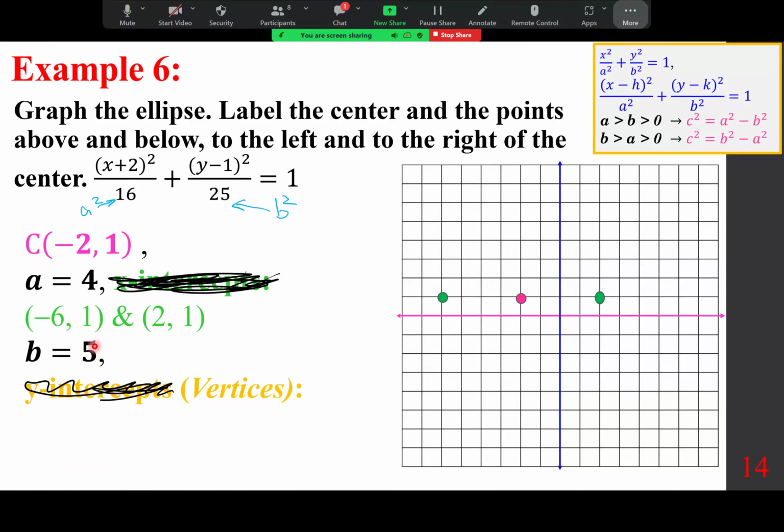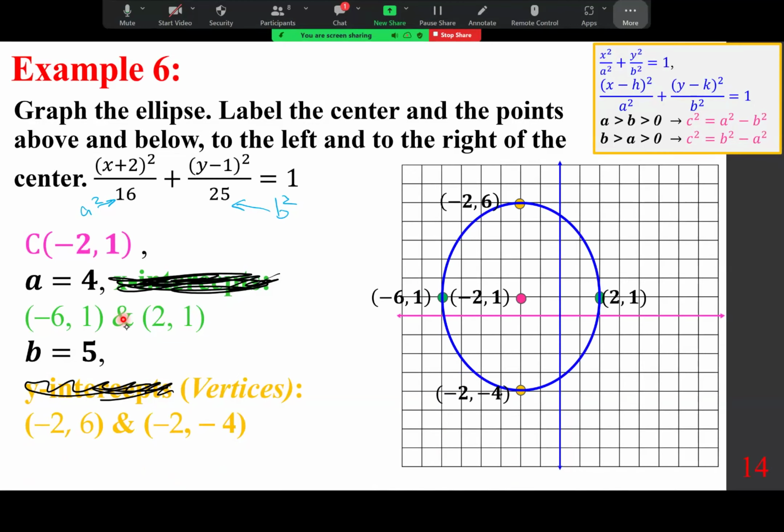We go 5 units up, makes it -2, 6. We go 5 units down, makes it -2, 1 minus 5, which is -4. We graph, and those are the pairs.